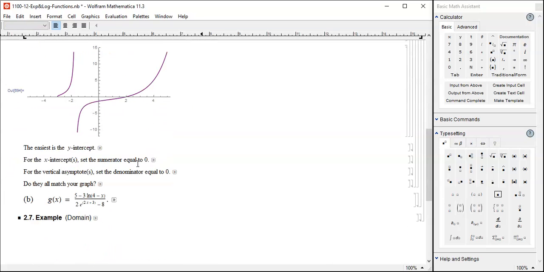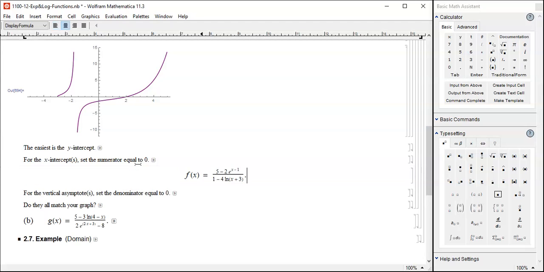Let me copy and paste this one. So we ended up with an exponential equation. How do you solve it? Try it. Stop the playback and try it.